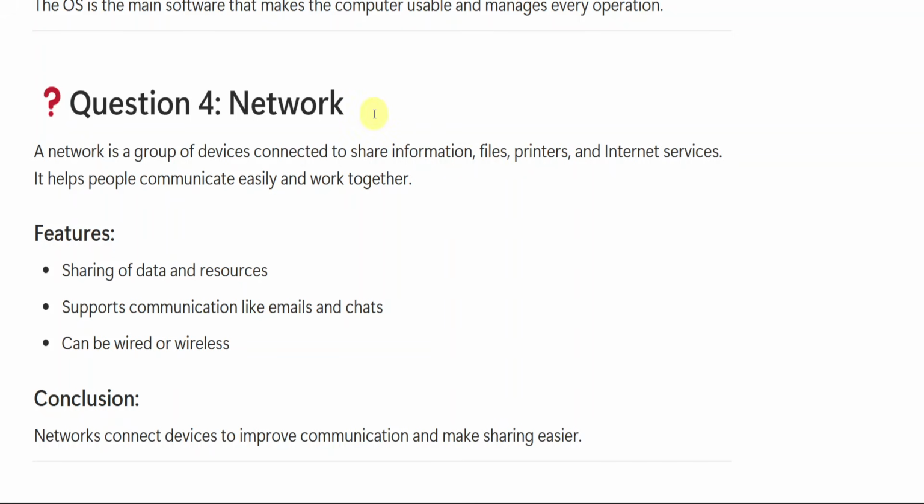What is network now? A network means connecting two or more computers so they can share files, data, printers, and internet. Okay, so we can say that it is something which connects two or more computers with each other so that they can share the information with each other.